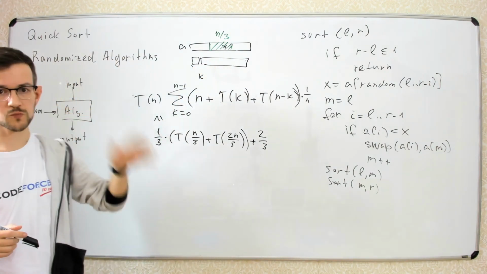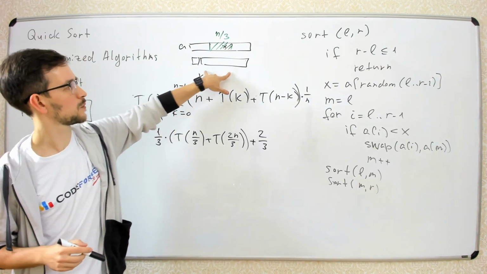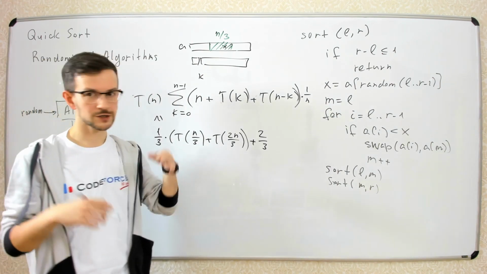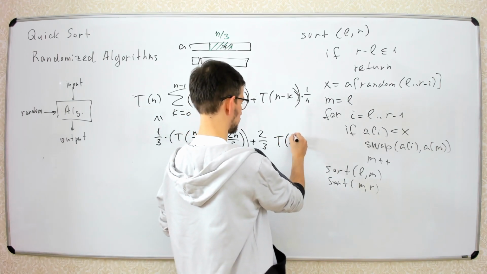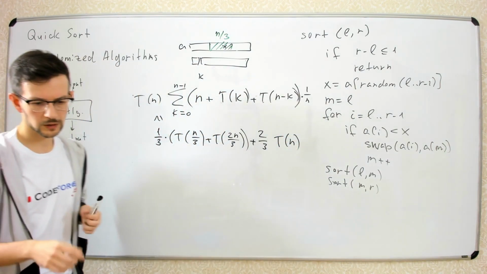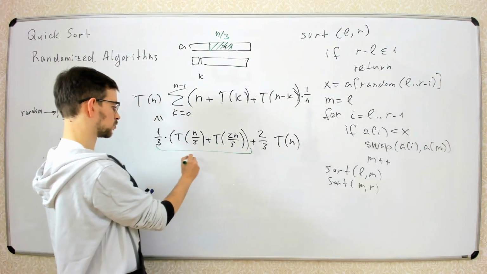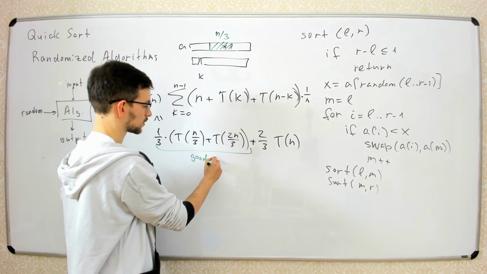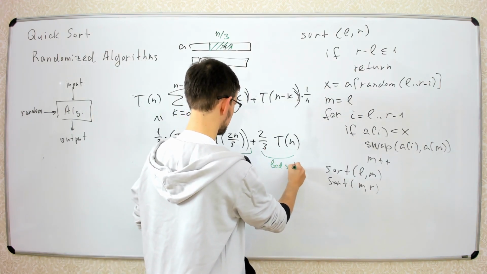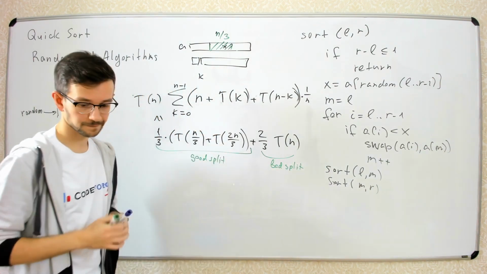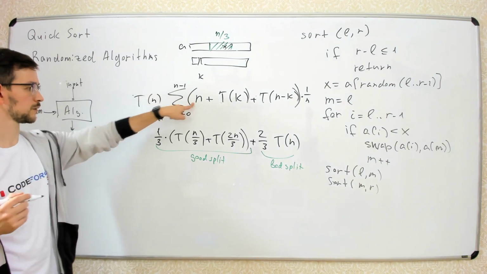And we will say the worst possible case, when we split elements into groups like 1 and n minus 1. So it's no more than, let's say, T of n. So this is the good split, and this is the bad split. Plus n.